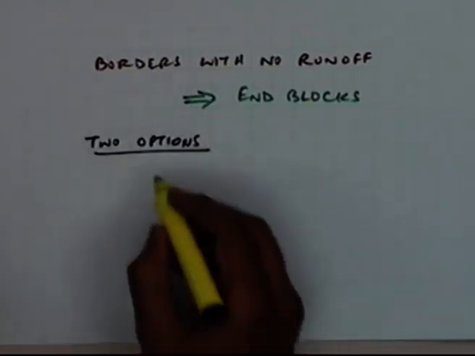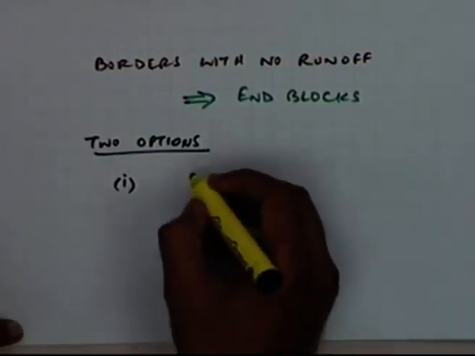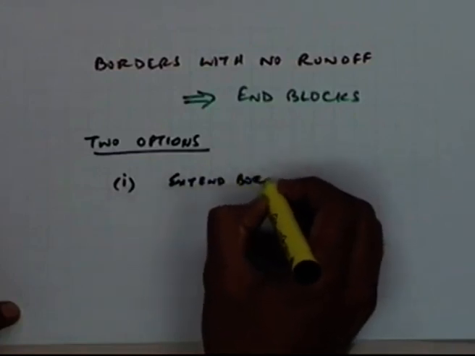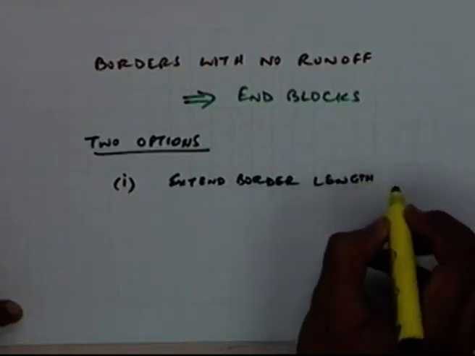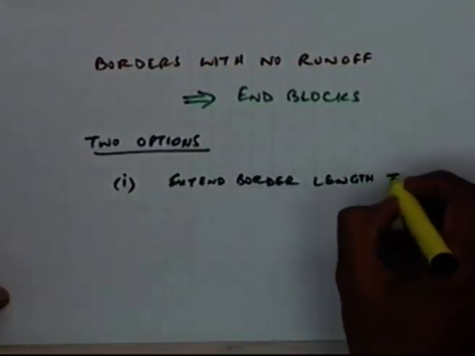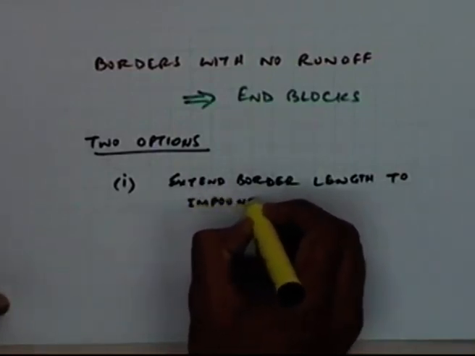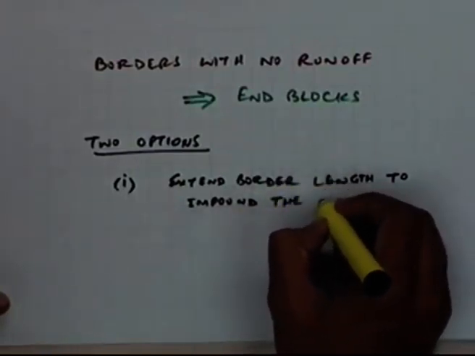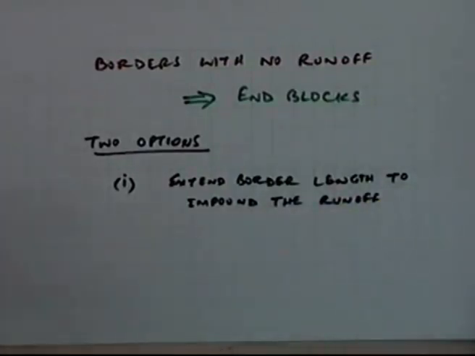What those two possible options are: the first option is to extend the border length to impound the runoff onto this extended length.